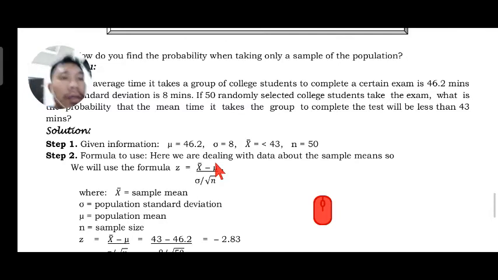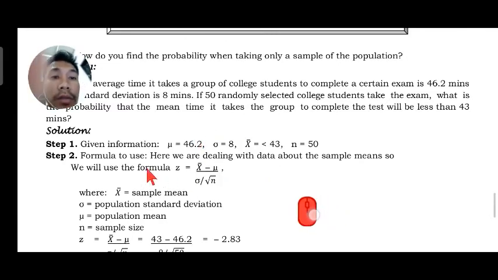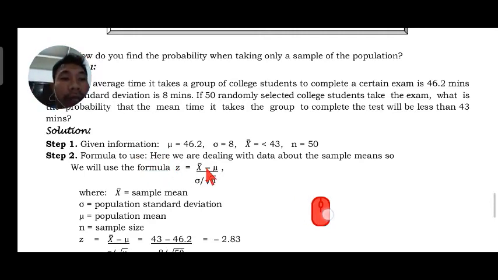Okay? So, the formula to use, we are dealing with the data about the sample mean. So, we will use the formula Z is equal to our score minus the population mean over our population standard deviation over square root of n.